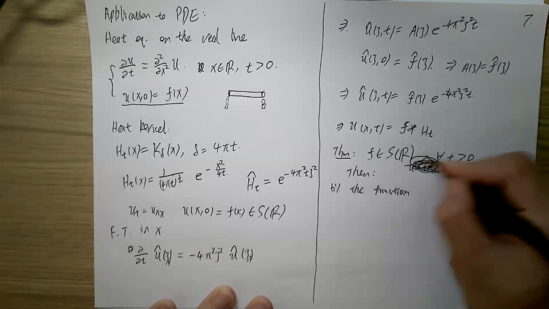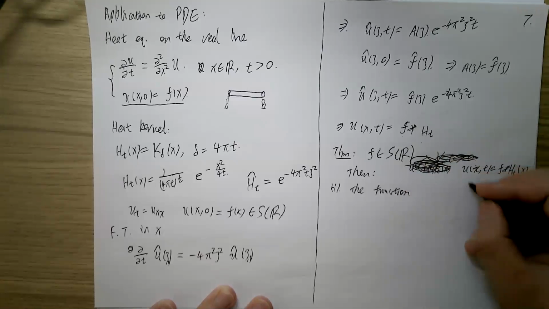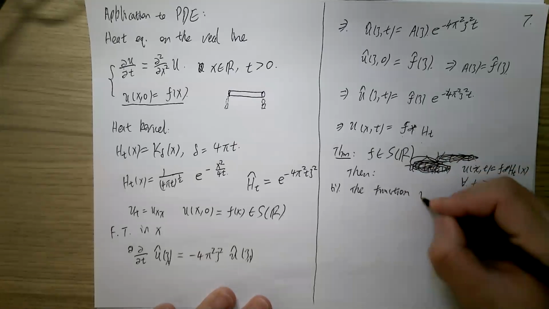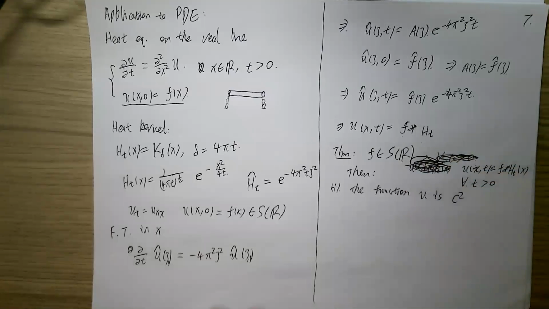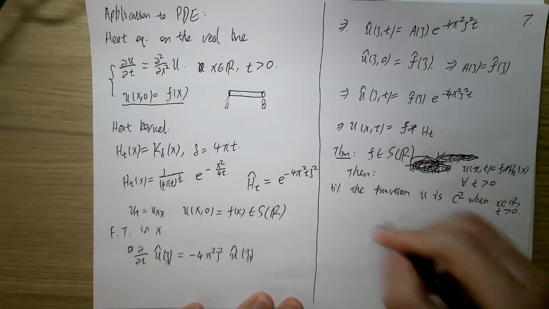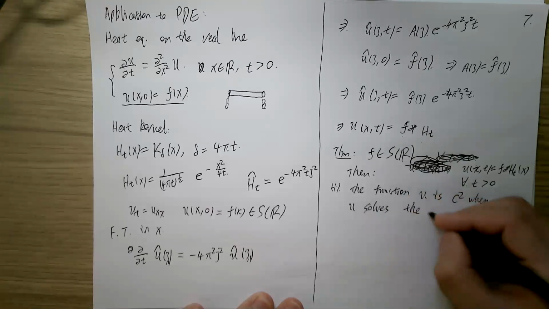I shouldn't write it this way, because then it looks like a Fourier transform. Okay, u(x,t) is equal to f convolved with H_t(x), and t is greater than 0. The function u is C^2. It's actually C infinity, when x in R and t greater than 0. u solves the heat equation.